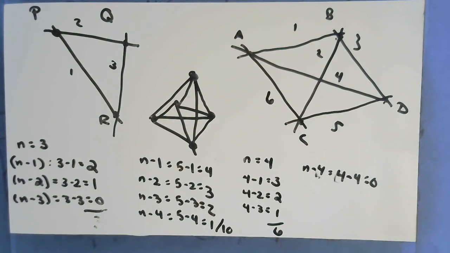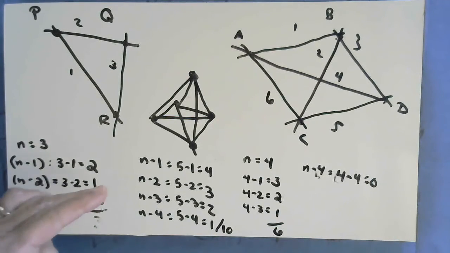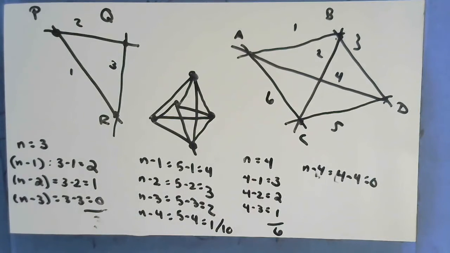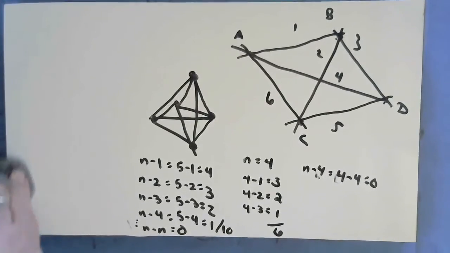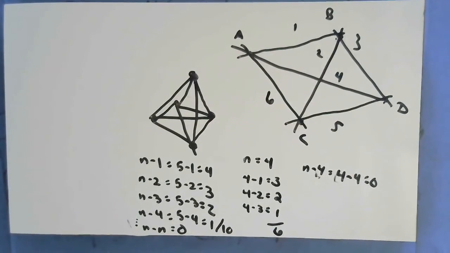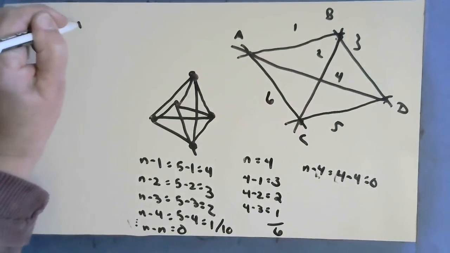And so now what we want to do is show how to bring all these ideas, the n minus 1, n minus 2, all the way to n minus 0, together. You keep going, because if you don't know what n is, then you just keep going until you get to n minus n, and that tells you to stop. So we want to express that in terms of a formula. And so what I saw when I was doing this was I said, well, first I make n minus 1 lines, and then I make n minus 2 lines.